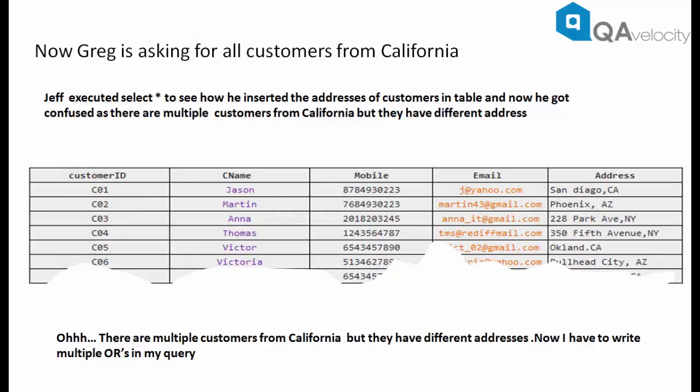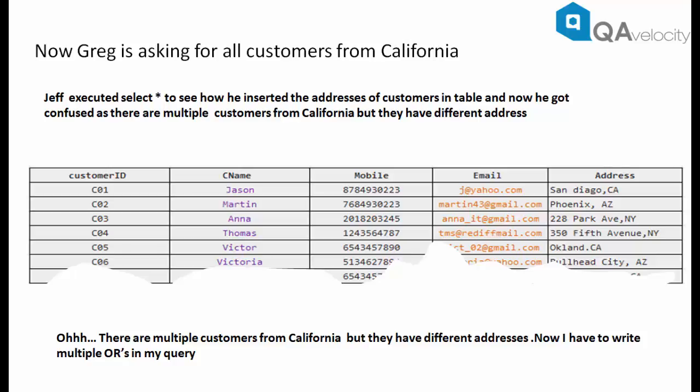So now Greg is asking for all customers from California. Jeff executed select star to see how he inserted the address of customers in the table, and now he got confused as there are multiple customers from California, but they have different addresses.